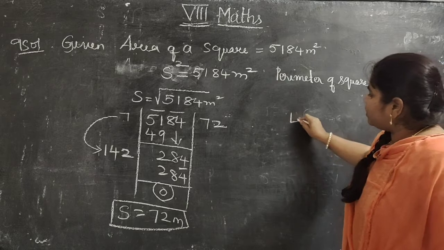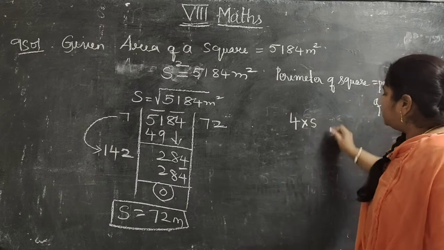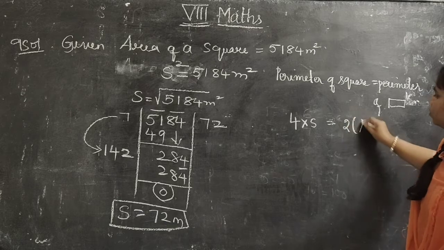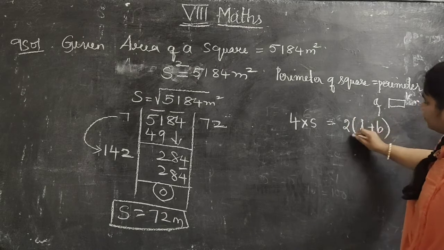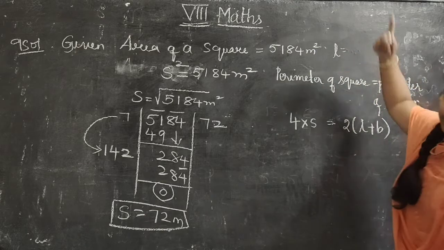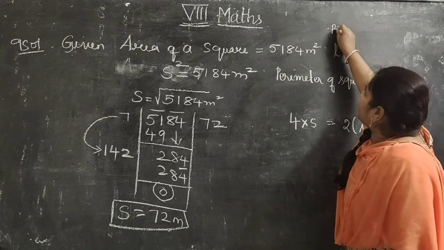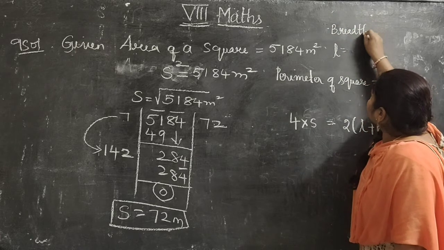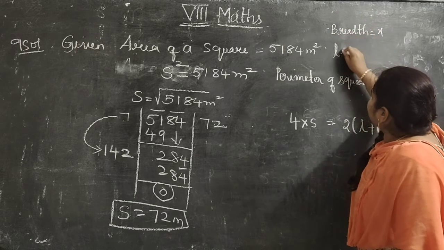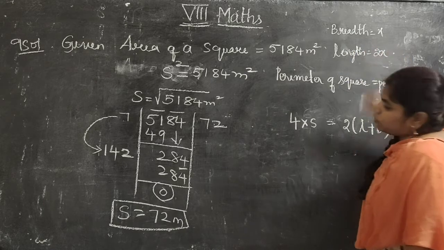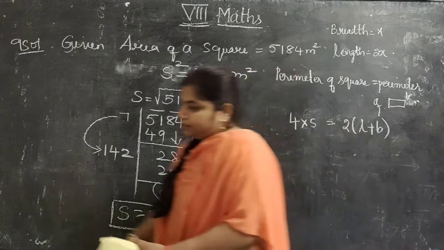The perimeter of a square formula is 4 into s, and the perimeter of a rectangle formula is 2 into (L plus B). Before this they have already given that the length value is twice of its breadth. That means breadth we take as x, and length we take as 2x, because length is twice its breadth.